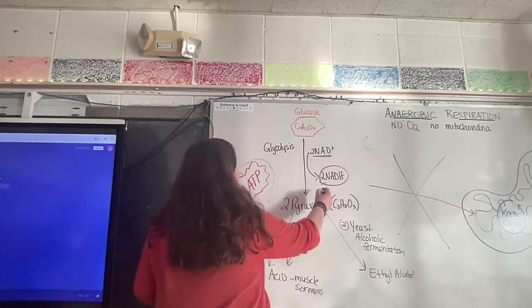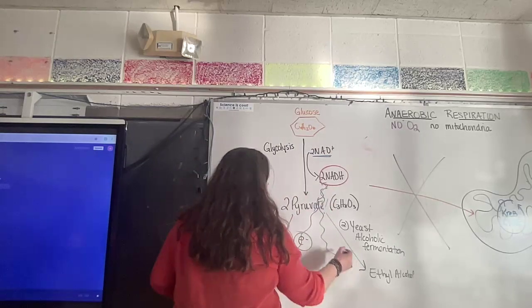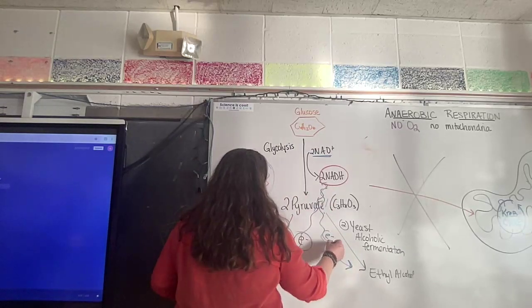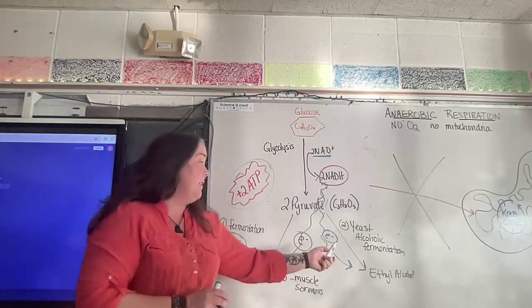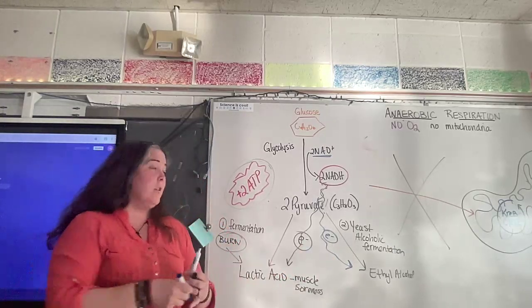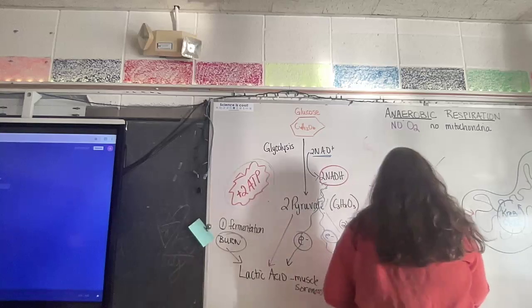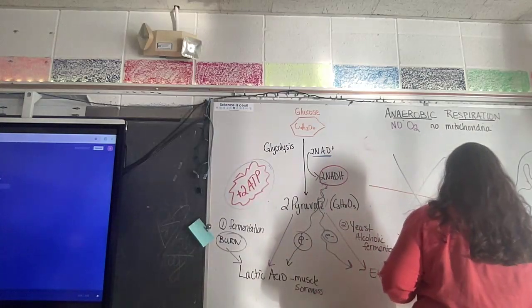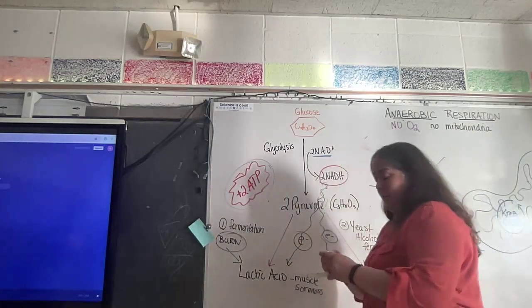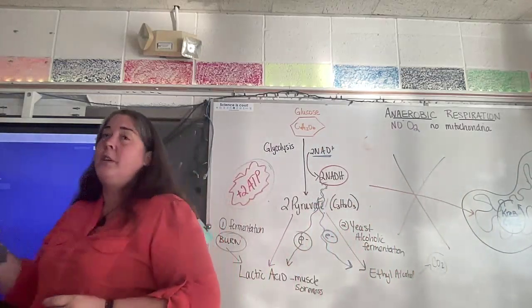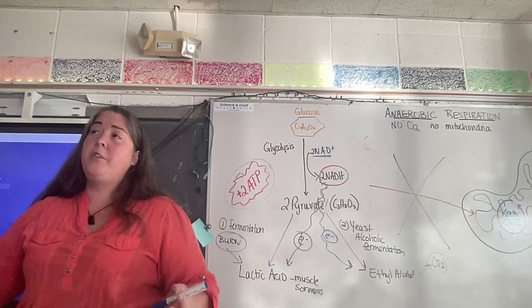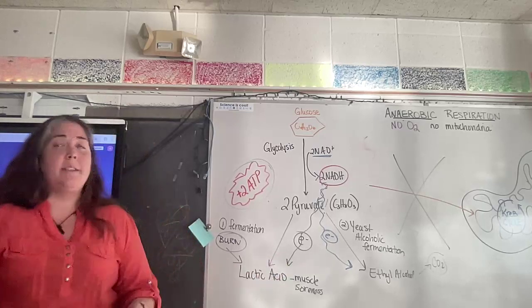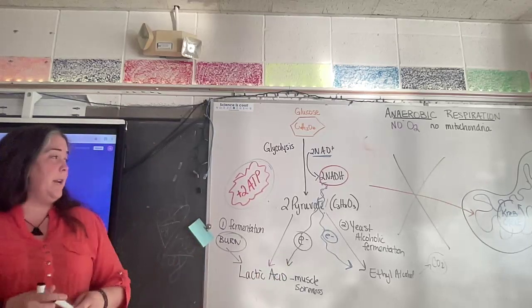So NADH needs to give its electrons to something. It donates its electrons to ethyl alcohol and produces alcohol. It also produces carbon dioxide as a byproduct. So when yeast needs to continue making ATP when they run out of oxygen, they just go into fermentation, and that's how beer and wine is made.